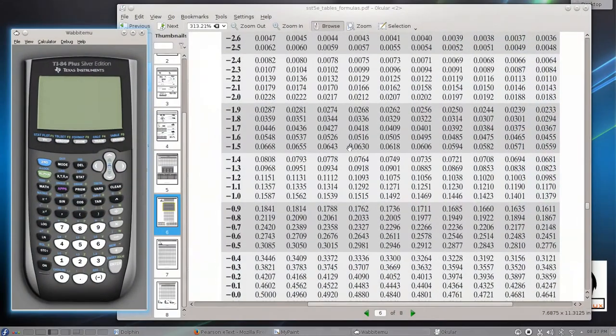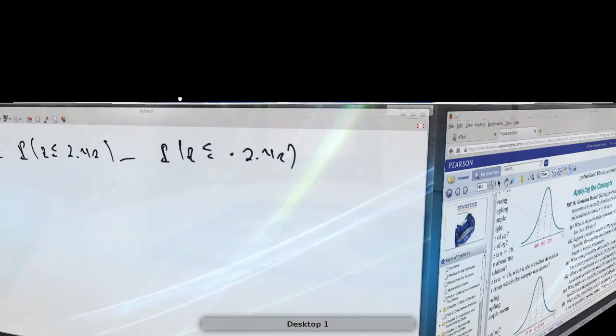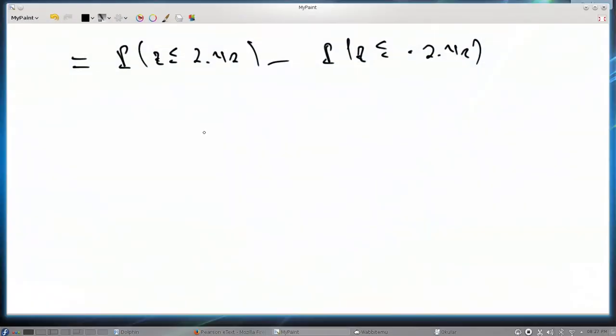Let's look at the negative 2.42 first, right here. A negative 2.42, this is 0, this is a 1, this is a 2, right? So a negative 2.42 is right here, 0.0078. See my hand right there waving at that number, 0.0078. That's the second value for my curve.